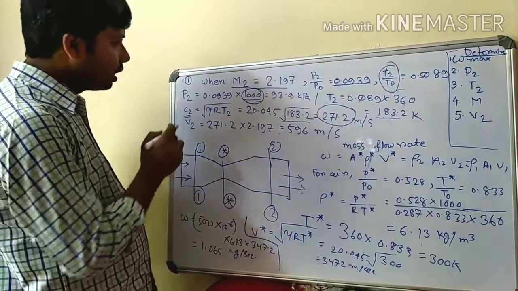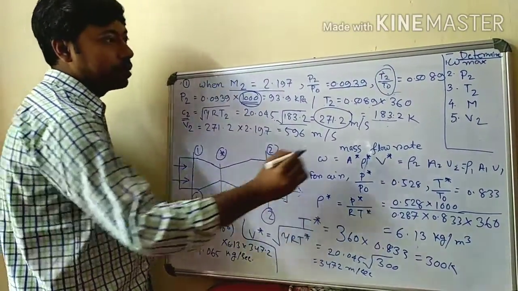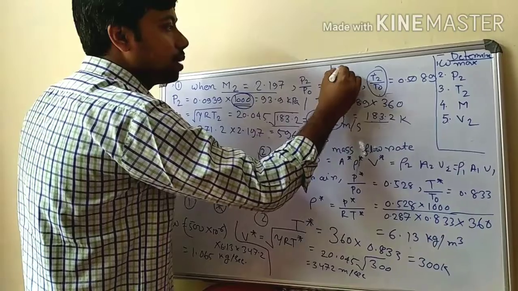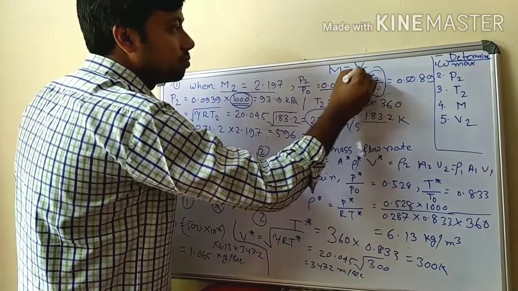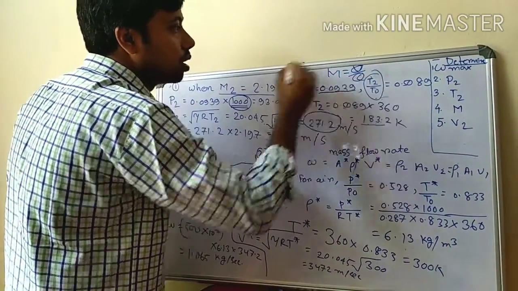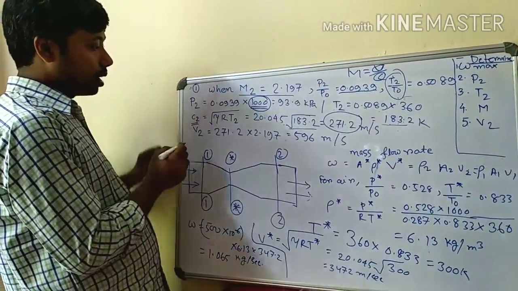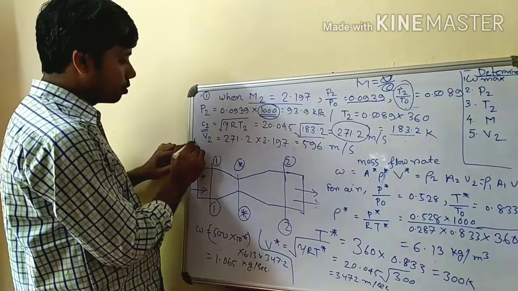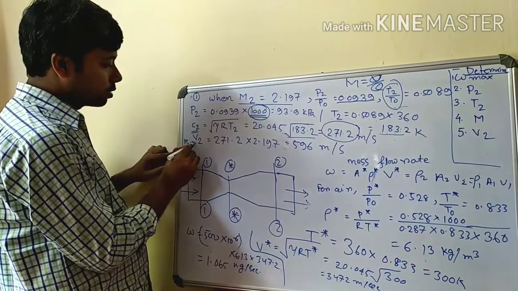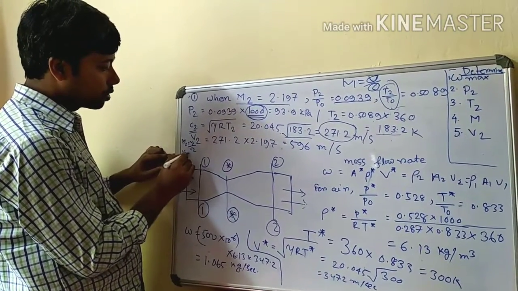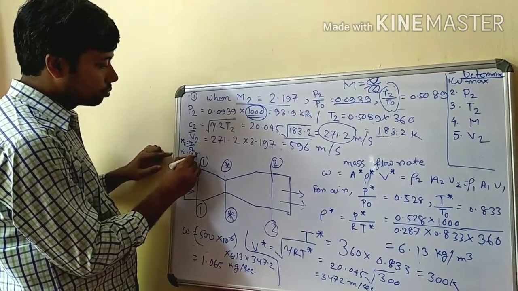Now, you know the Mach number. What is Mach number? Mach number is the ratio V by C, the velocity of the fluid divided by the velocity of sound. From this expression, M2 is equal to V2 by C2, so V2 you can write as C2 into M2.